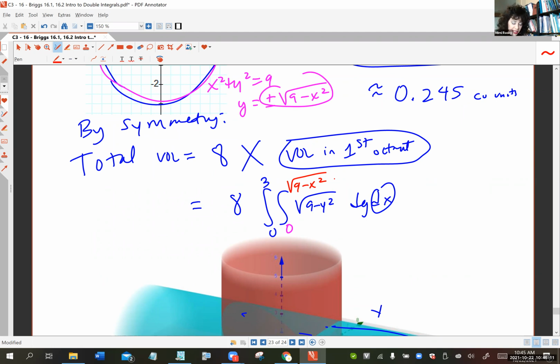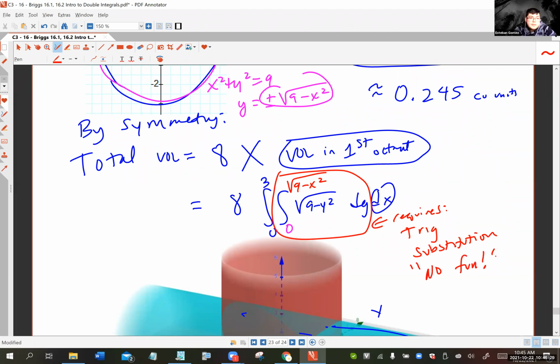I don't know if you see it, but this integral requires trig substitution. You guys remember trig substitution from your Calculus 2 course? And do you also remember it was no fun? It was no fun at all. Right.